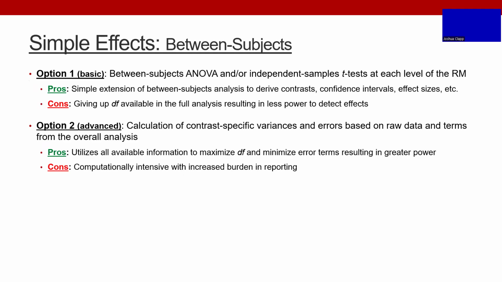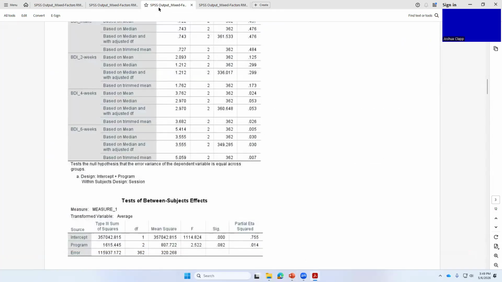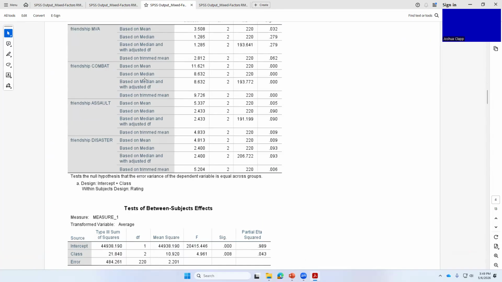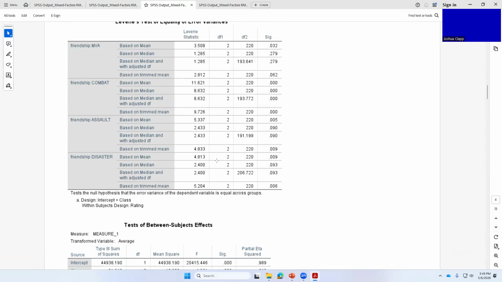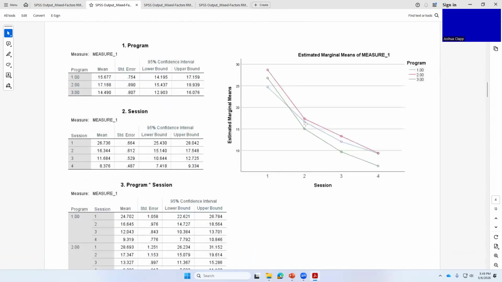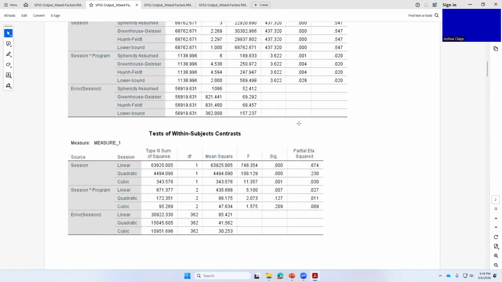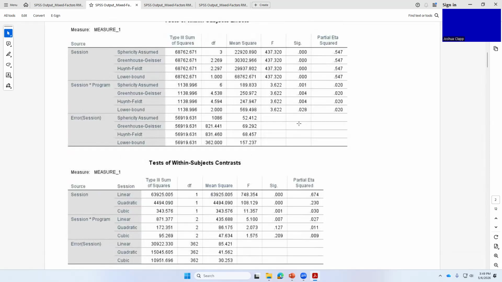So let's jump in and walk through the handout for our group-based analysis, our ordered means. In our omnibus stuff, remember we found evidence for an effect of session and then session by program.